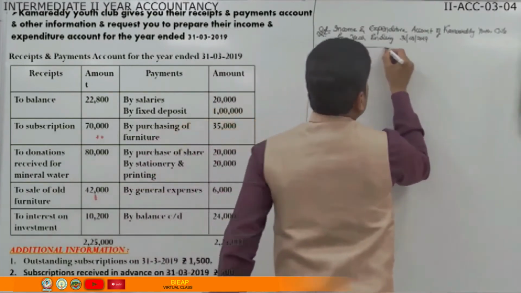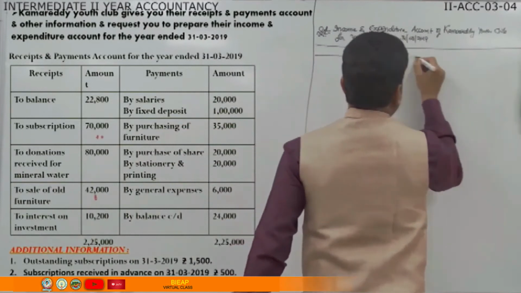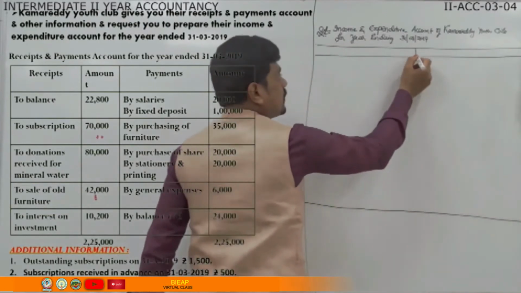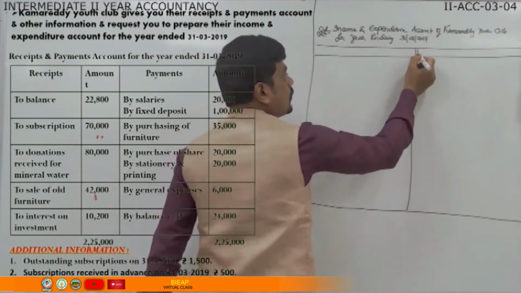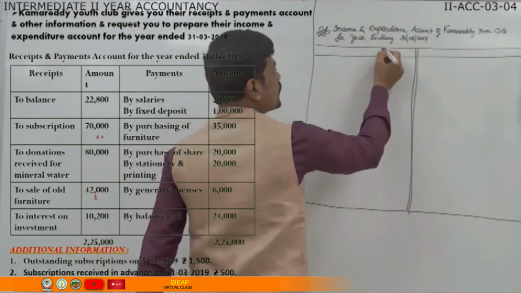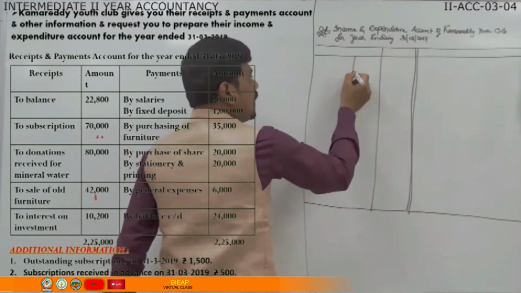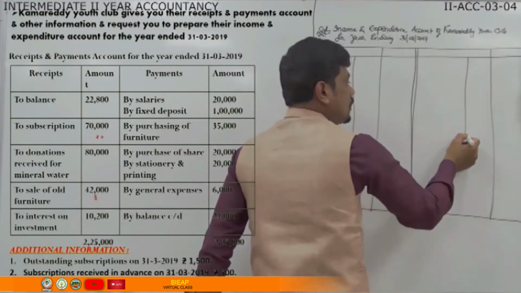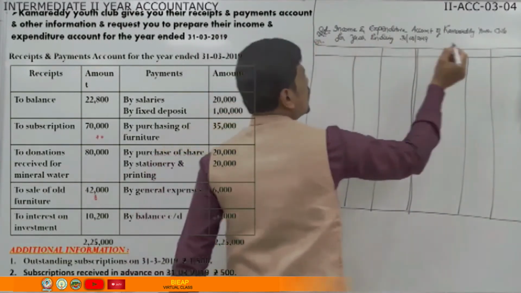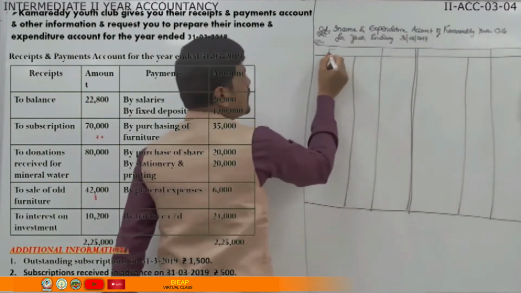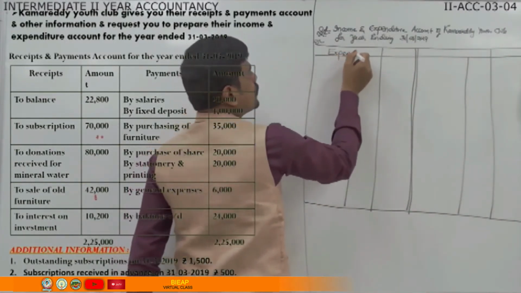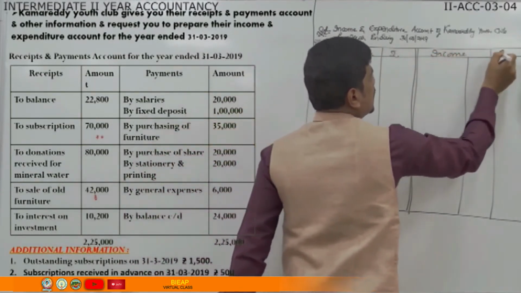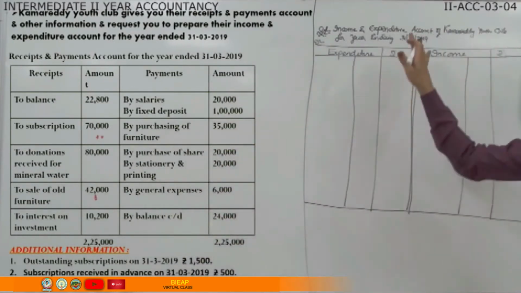Now formatting again. For the format, half page will be kept. Then drafting the account, amount column, as usual inner column, amount column, as usual inner column. It's always better you have the inner column. Debit, credit. Debit side is expenditure, rupees. Credit side, income, rupees. So the format is ready.